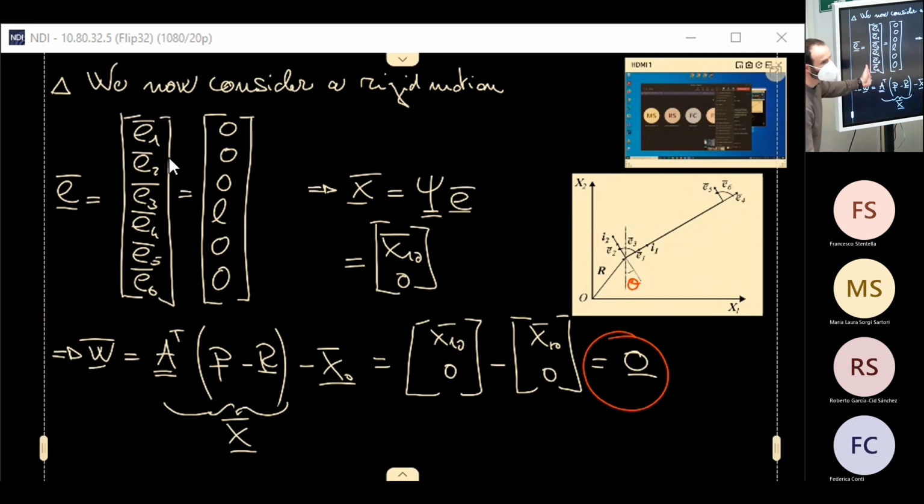So, as you can see now, in this kind of formulation, the 1D beam element type is energetically consistent. So it can describe a rigid motion.